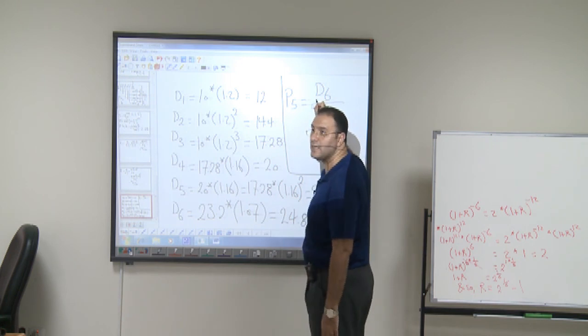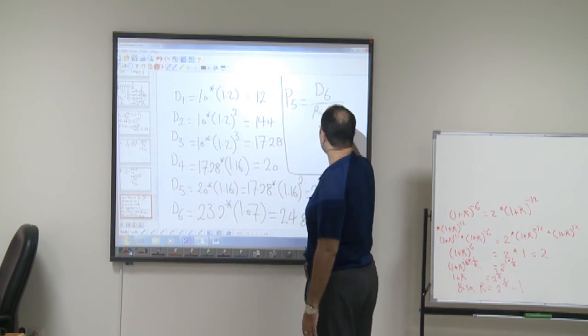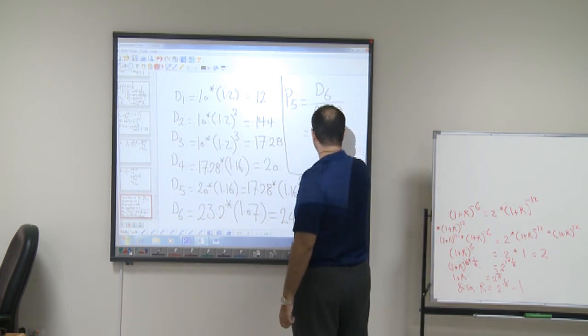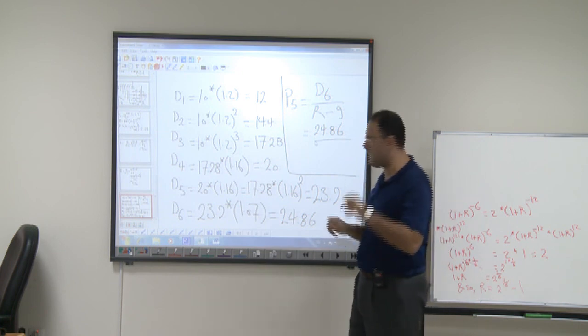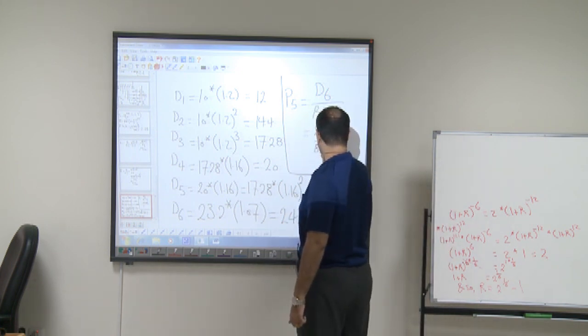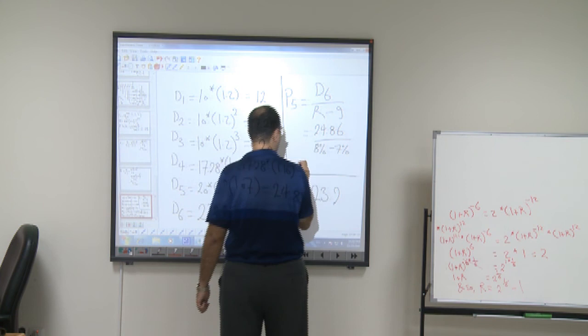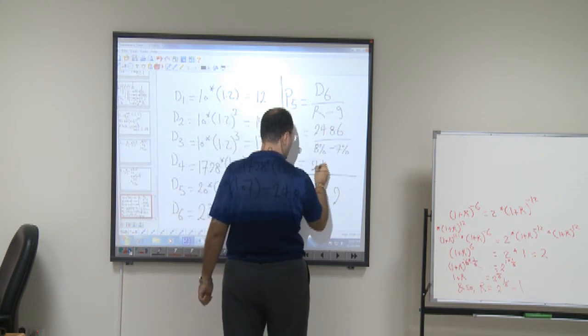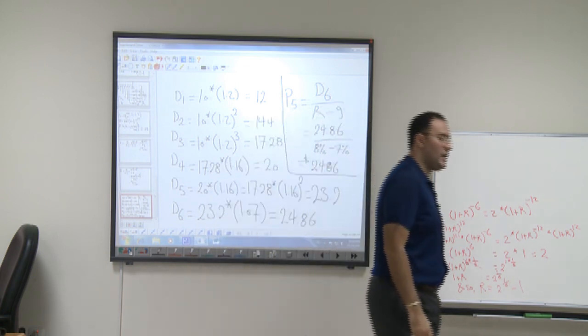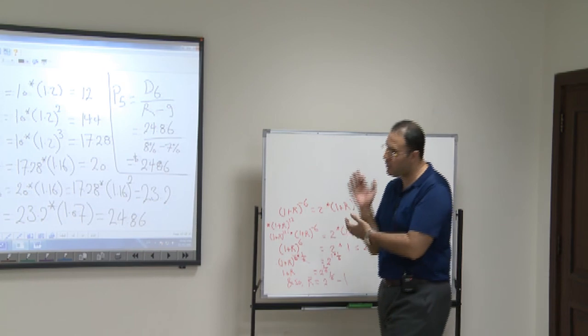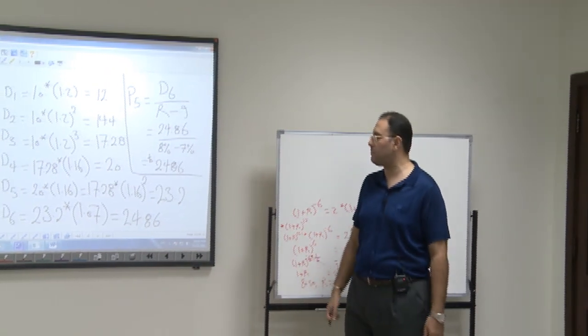So D6 is 24.86 over R, which is 8%, minus G, which is now 7%. So P5 is going to be 24.86 over 1%, which comes down to 24.86 divided by 0.01.